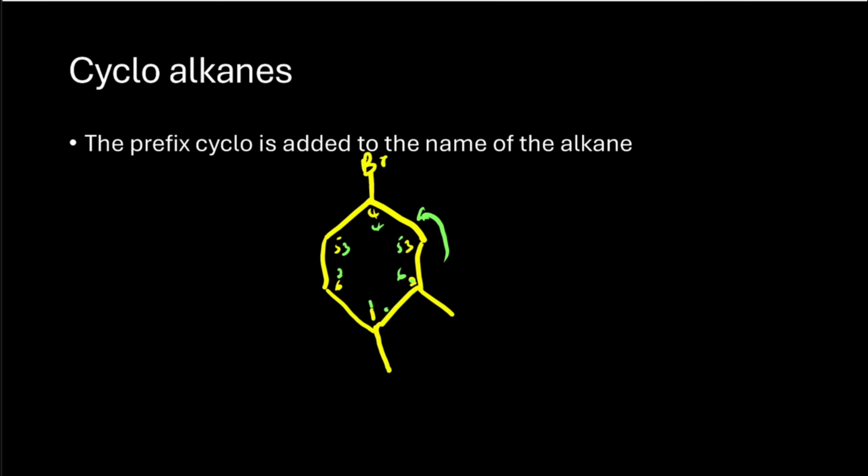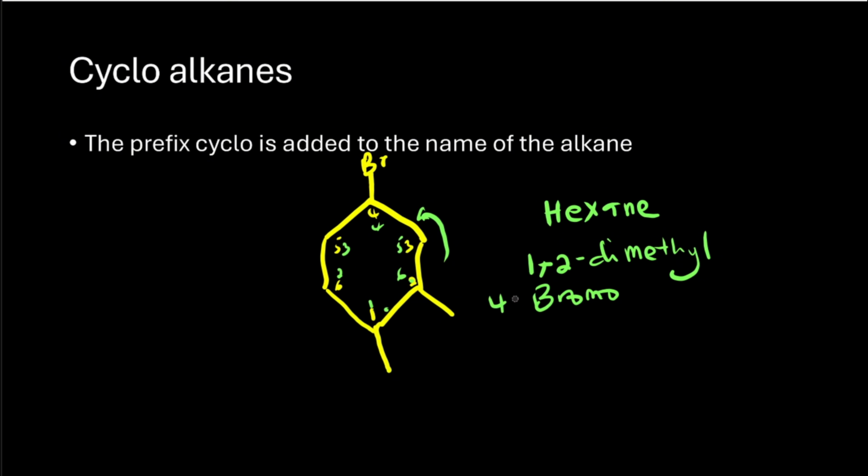And so the name of this particular cycloalkane will be, the cyclo, we have 6 carbon atoms, and so we have hexane. And then for the substituents, we have methyl bonded here, and then we have another methyl here, and so we have 1, 2 dimethyl, and then we have bromo here, and so the position of our bromo is 4.